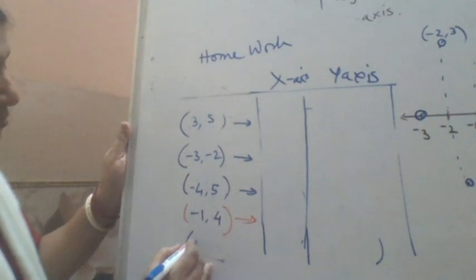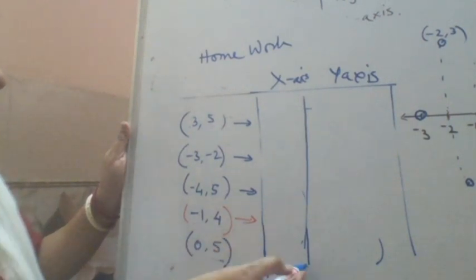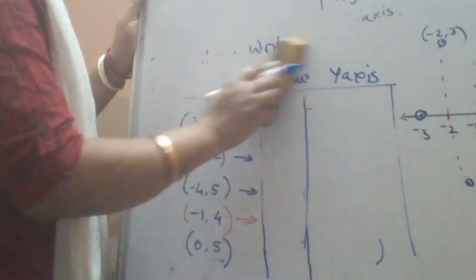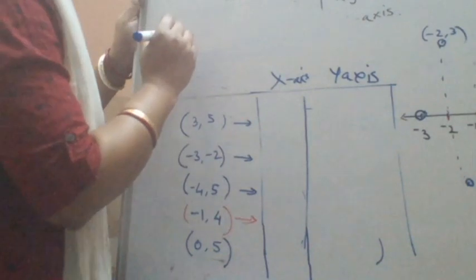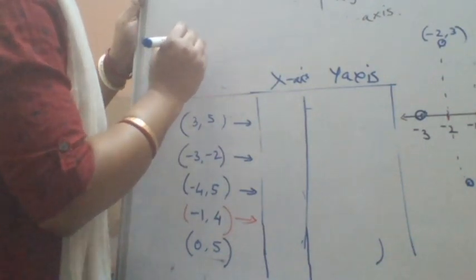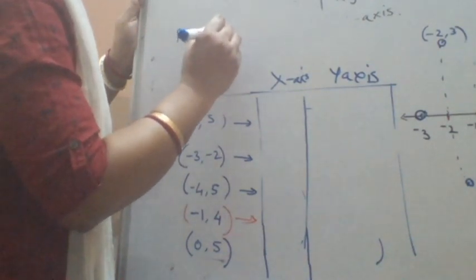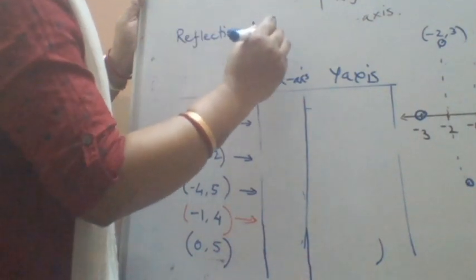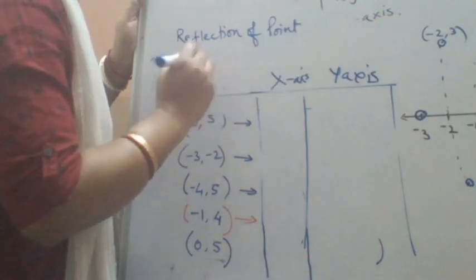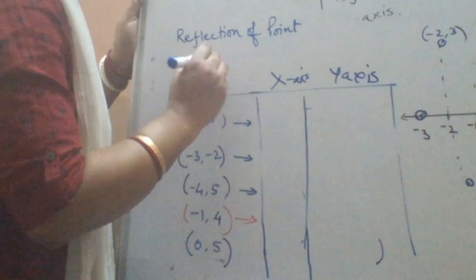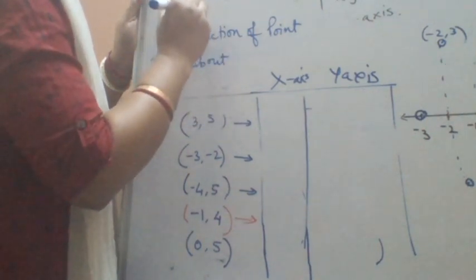Okay, now one more point, say 0, 5. So you have to find the reflection. Homework: the reflection of the point about the x-axis and y-axis.